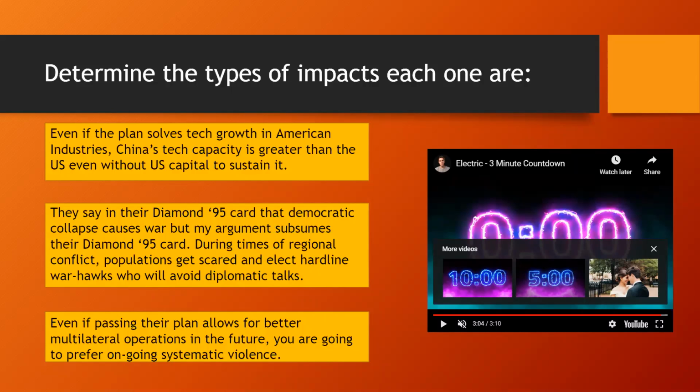Even if passing their plan allows, go ahead if you have the answer. Magnitude. I think in the future. All right.